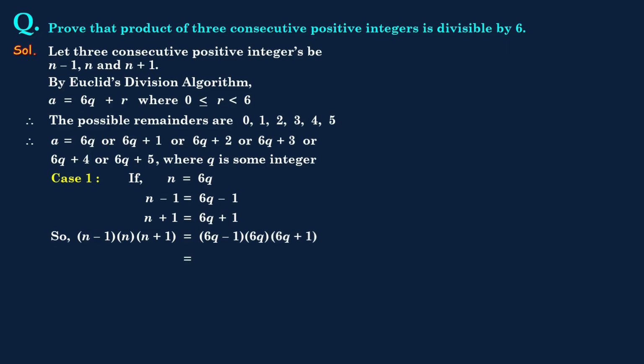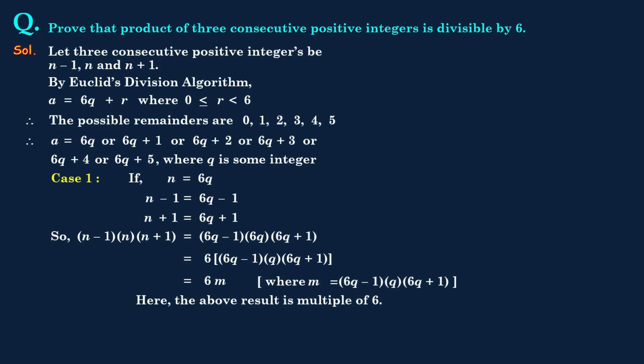In these three factors, 6 is common. If we take out this 6 and put everything else inside another bracket and consider that entire thing as m, then we can represent it as 6m, where m is equal to 6q minus 1 into q into 6q plus 1. So the above result is a multiple of 6. So this is case number 1, and we can clearly tell that it is divisible by 6.